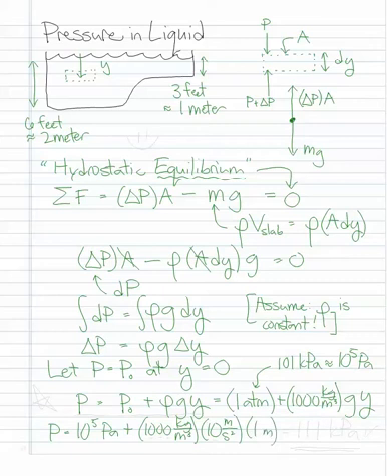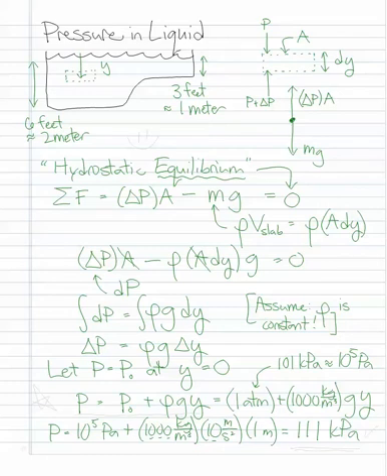So let's see, that's 10 to the 3, 1, 2, 3, and then 10 to the 4. So 10 to the 5 plus 10 to the 4, that's 11 times 10 to the 4. So that's about 111 kilopascals. And that's the answer.